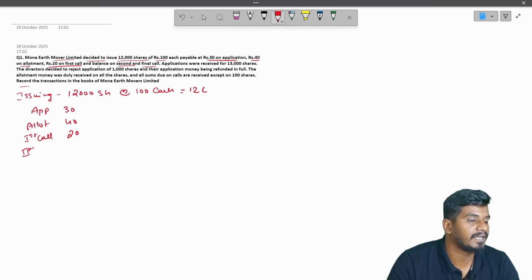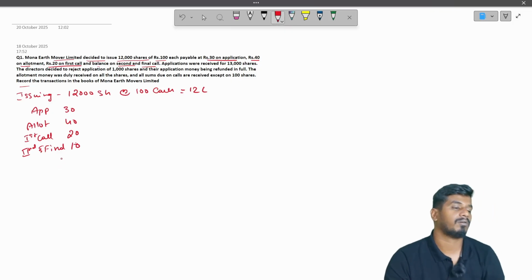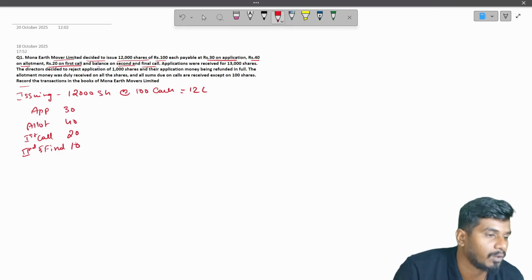How much is the remaining balance? 30 plus 40 is 70, 70 plus 20 is 90. Out of 100, 90 goes, the remaining 10 on second and final call.